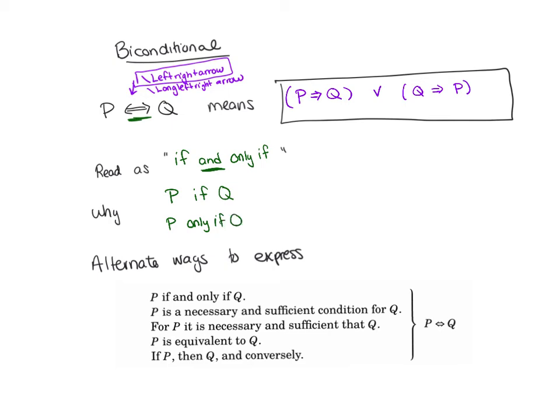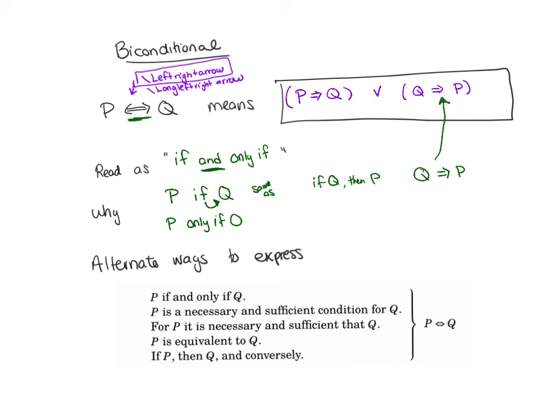P if Q and P only if Q. We've seen that the if points to the thing that comes after it. So P if Q is the same as, let me use words here, if Q, then P. So that's the same as Q going towards P.